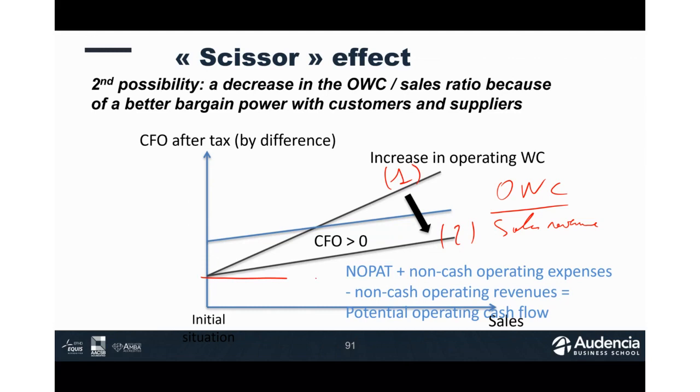So you modify the slope from this one to this one. So the best situation, of course, is the blue line with a slope higher than the black line for the increase in operating working capital.